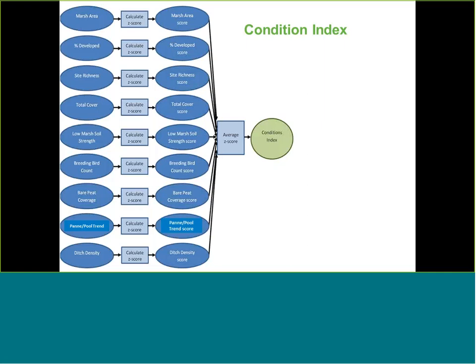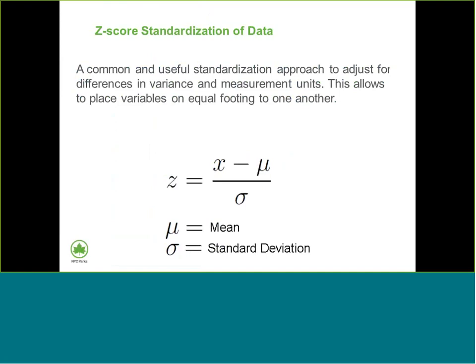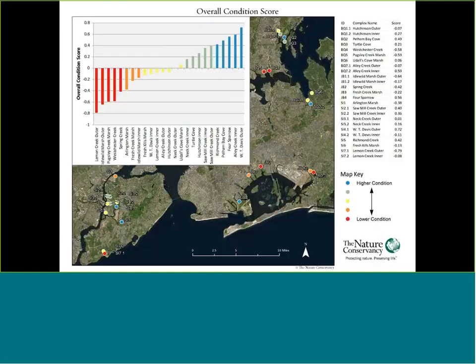All of these metrics were standardized using a Z-score and then averaged to get a total score. We use the Z-score because it's a common way of adjusting for variance and units, and it centers each value around 0, with 0 being the average and positive numbers being above the mean and negative numbers being below.